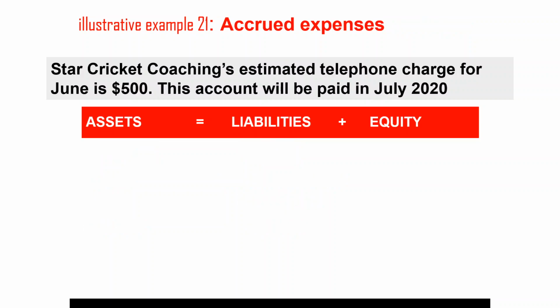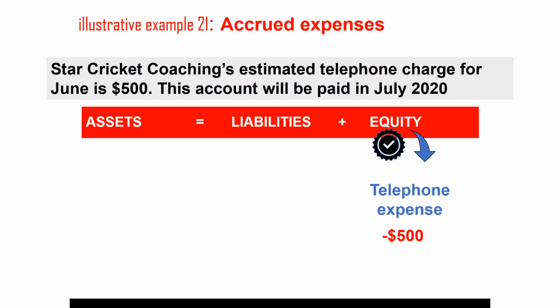The next illustrative example is about accrued expenses. Star Cricket Coaching's estimated telephone charge for June is $500. This amount will be paid in July 2020. The telephone usage for the last month of the accounting period is an incurred expense, the economic benefits used by the entity.